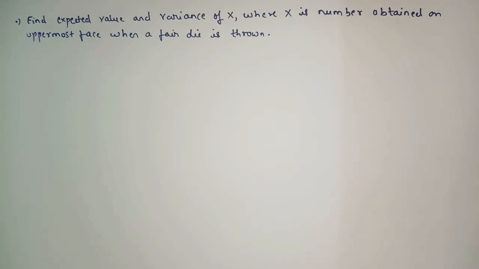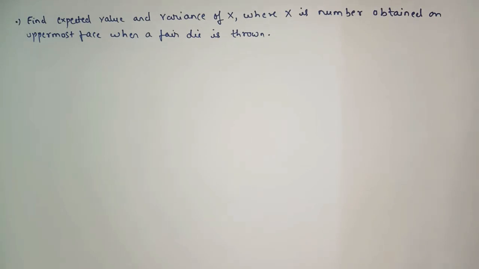And for dice we have two types of sum. One, when a single dice is thrown, and the second one, when two dice are thrown. When a dice is thrown you have to find the expected value, and the variance and standard deviation also.